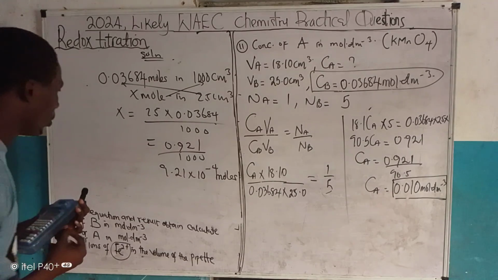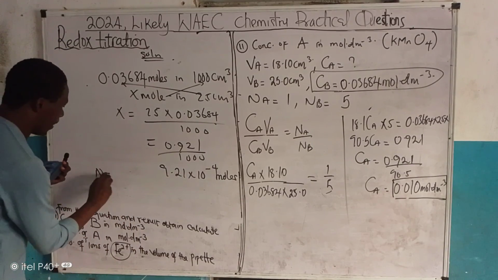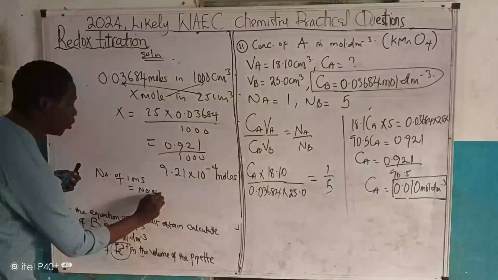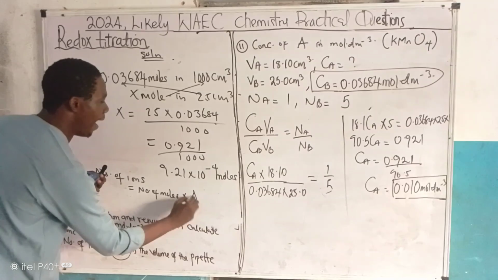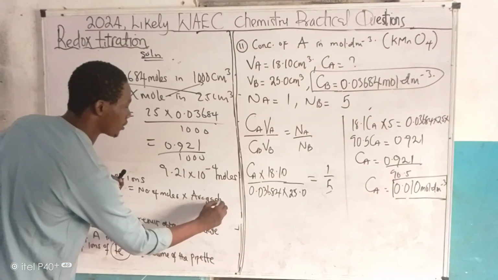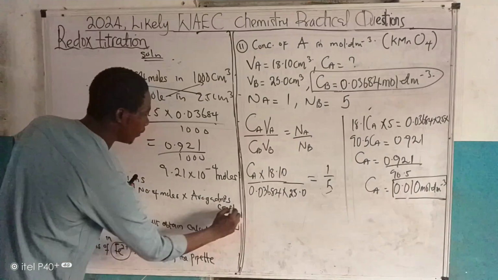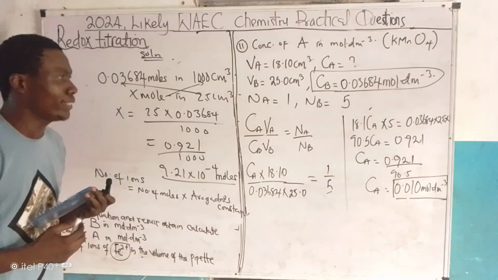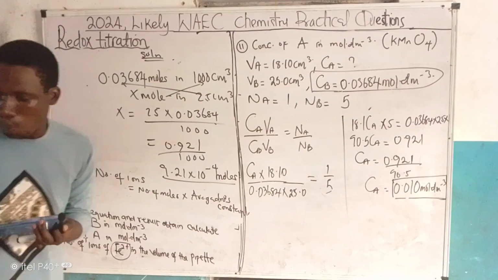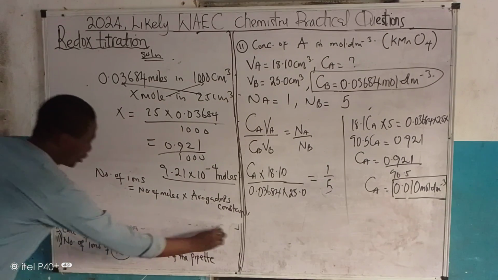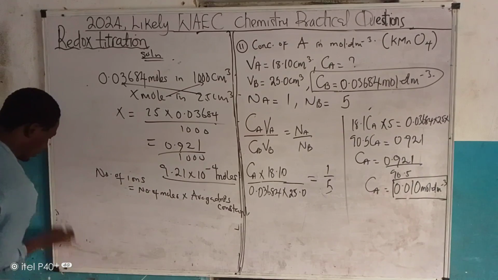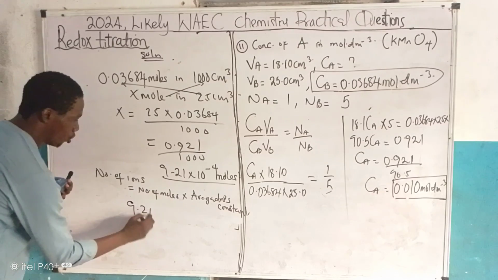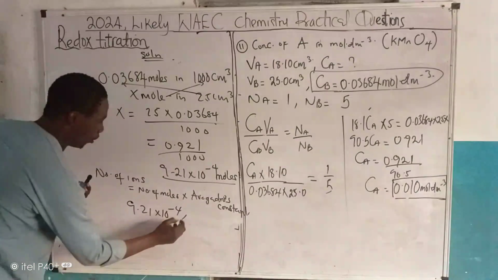Now, if we have this moles, how do we calculate the number of ions? Remember, number of ions is number of moles times Avogadro's constant. Take note of that. So what is the number of moles? See it here. Did they give us the Avogadro constant? Yes. What is the Avogadro's constant? Let's do that quickly to get the number of ions. So we have number of moles 9.21 times 10 raised to the power minus 4.